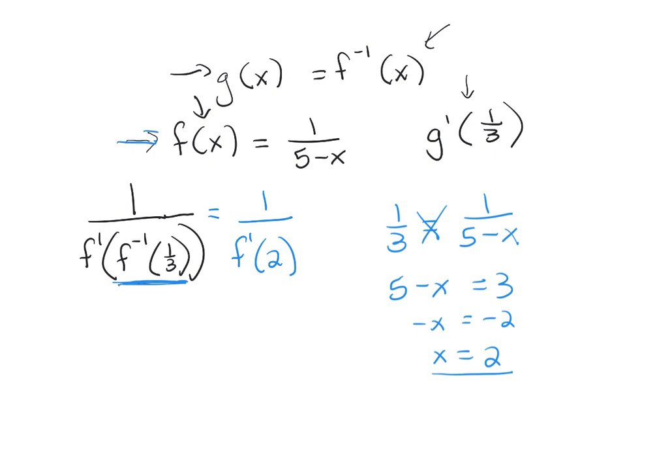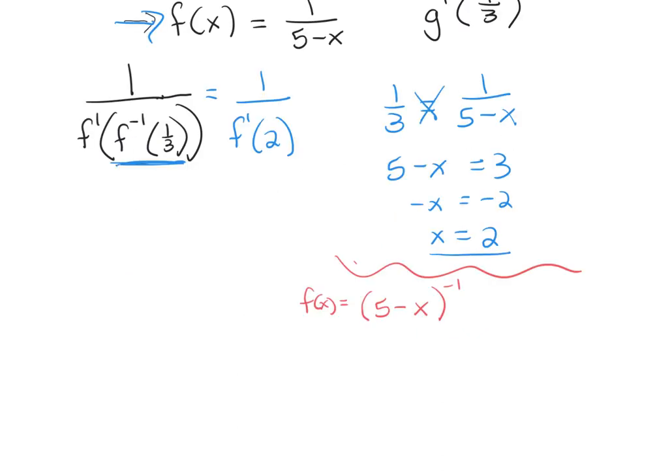So now I have to find the derivative of f. So I rewrote f as that 5 minus x, but to the power of -1. So then taking the derivative, I can do the chain rule. So -1, 5 minus x to the power of -2 times -1. So I'm going to rewrite this, two negatives, that's going to be positive 1 over 5 minus x squared.